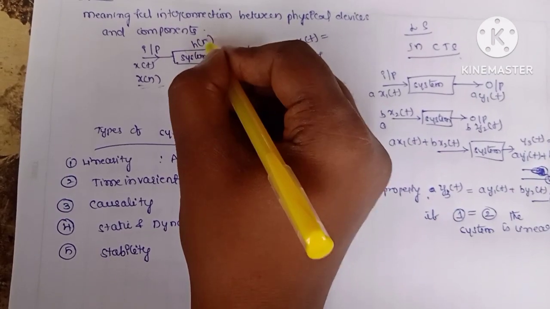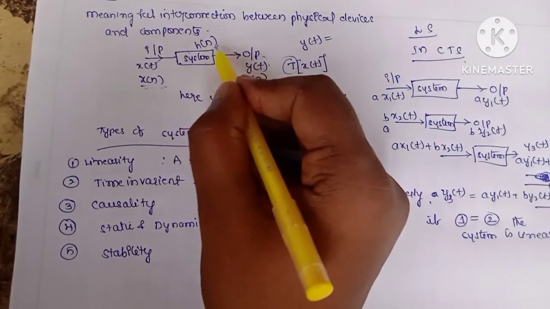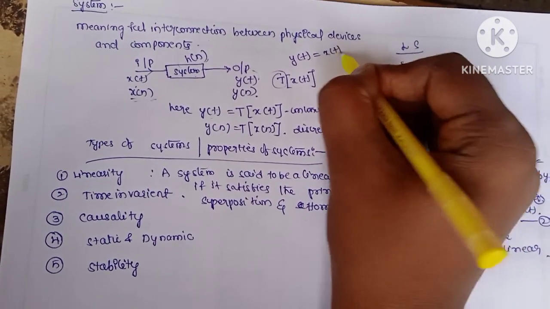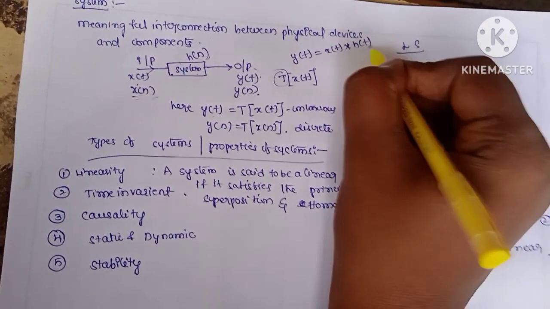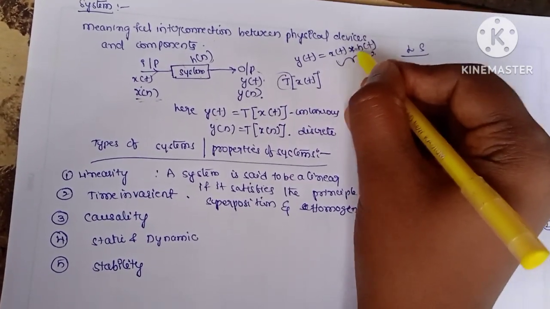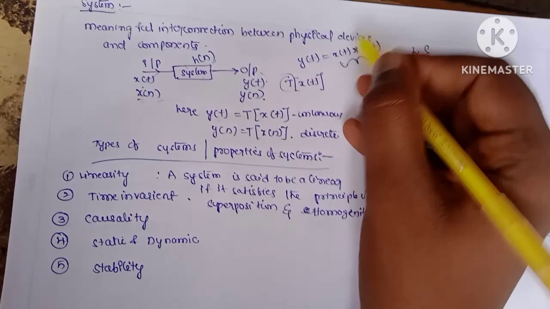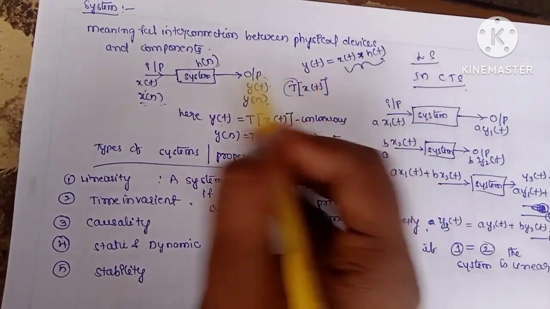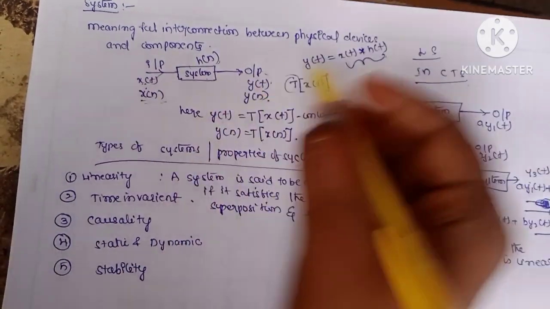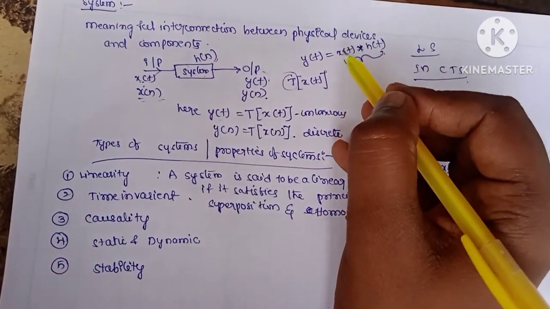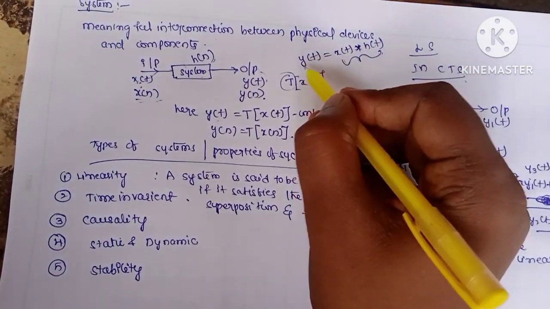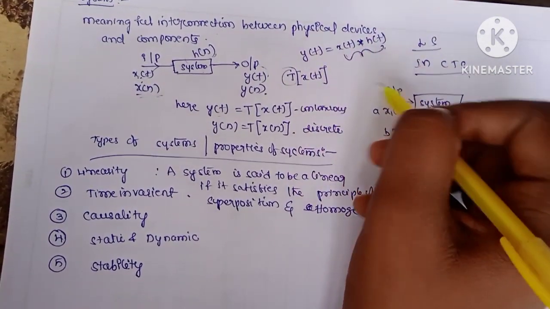If we assume the system is h of n, then y of t is equal to x of t convolution h of t. Convolution is a tool to give the output of the system from the input. Later, when we discuss the convolution theorems and properties, we will discuss this convolution.